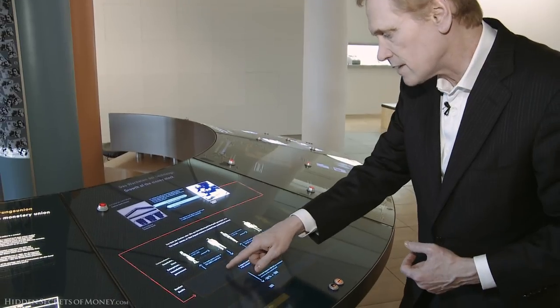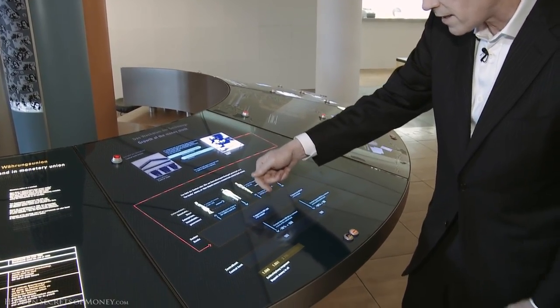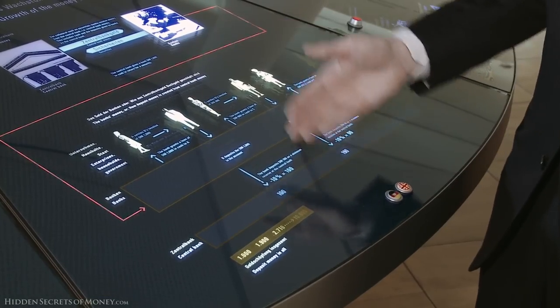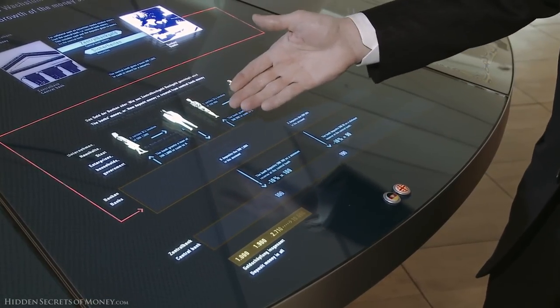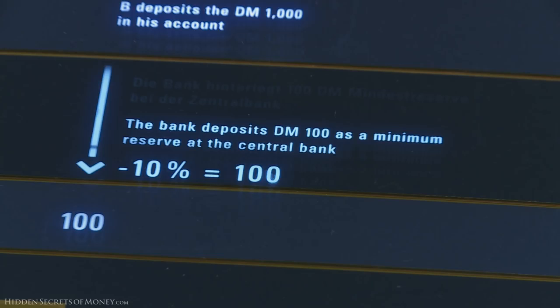And then somebody is paid, it gets deposited into a bank account, and of the 1,000 marks, they withhold 10%. So right here, they're already telling you that his bank account is a lie. He deposited 1,000 in it. They only withhold 100 in case he wants some of that.